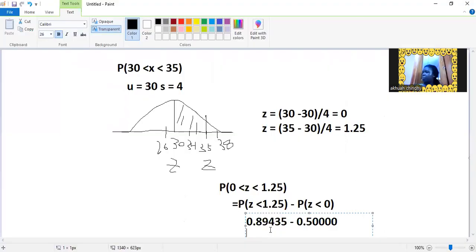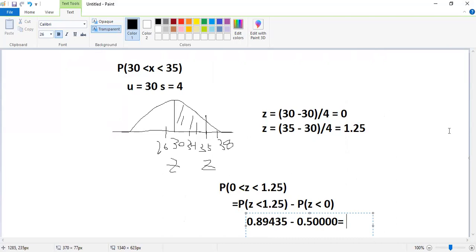Then our answer will be 0.3999435. So that will be our answer.